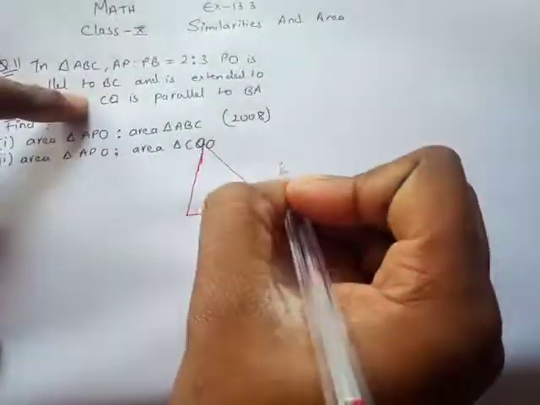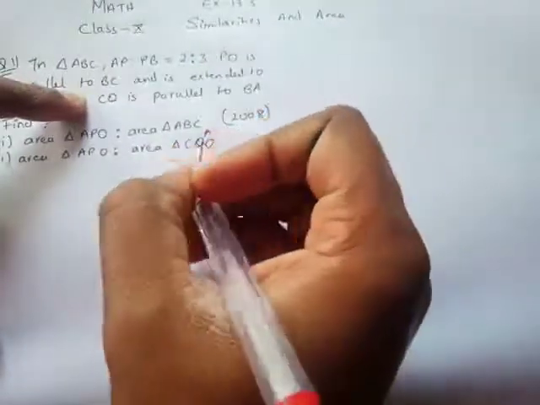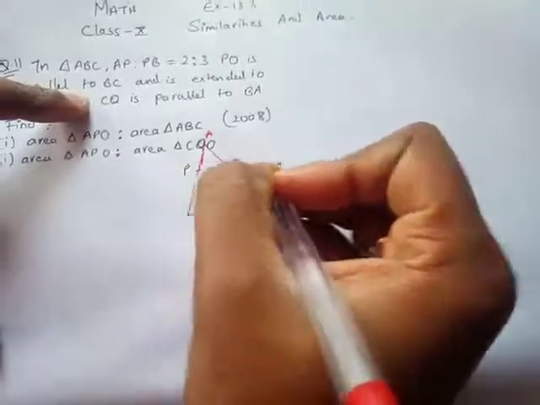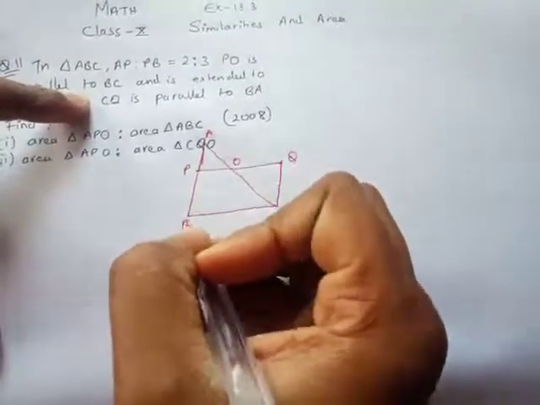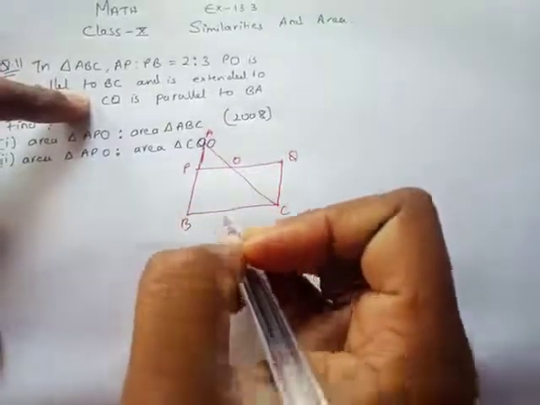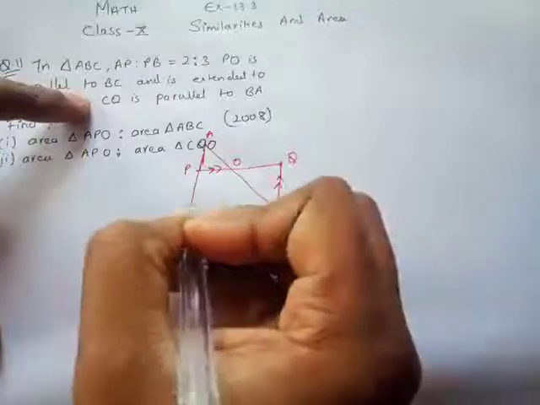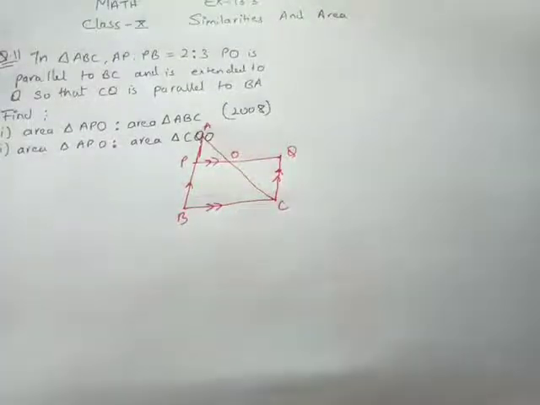It's A, this is P, O, Q, C, B. This point is O, and this is parallel to this, and this is parallel to this. For your kind information, this PQBC is a parallelogram because all the sides are parallel. You guys can also have a look.